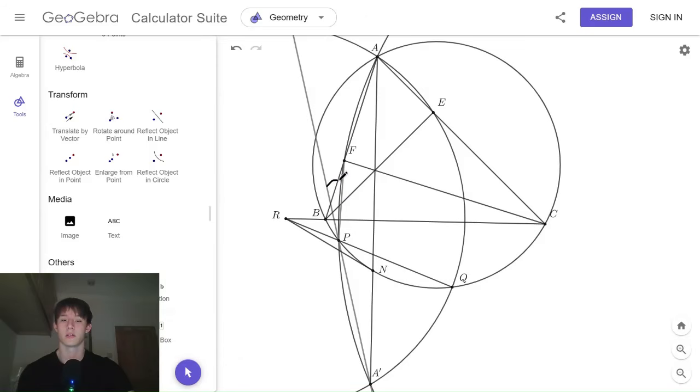This angle here is the same as this angle here, which is the same as this angle here. I don't think that's good. It doesn't give us much, does it? It just gives us that this segment over here is the same as this segment here, which still doesn't give us much.